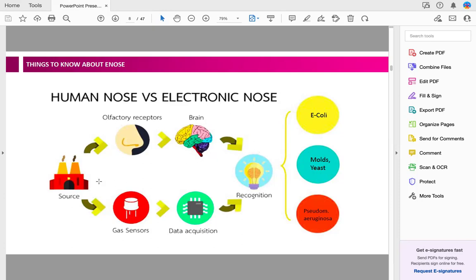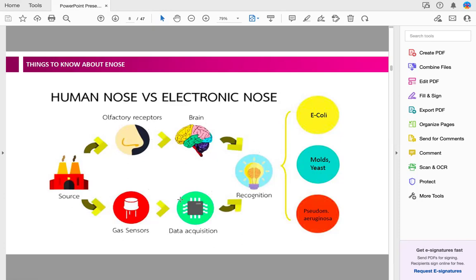And same goes to gas sensor or enos, in short, because we are dealing with volatile chemicals. If you have a lot of sensors which mimic the receptors in the nose, and there is processing, for example pattern recognition.